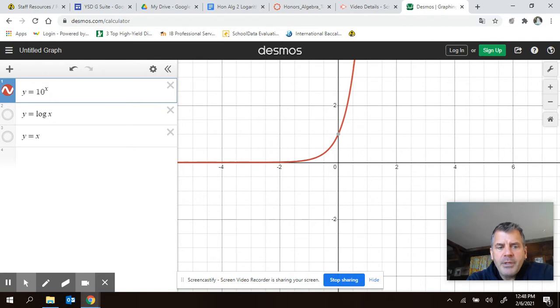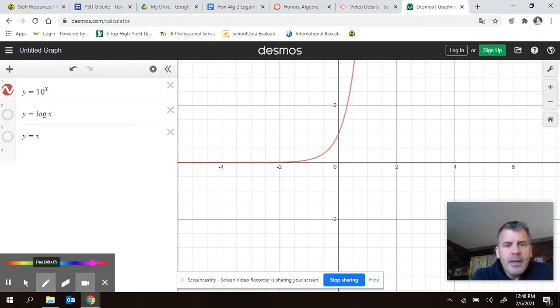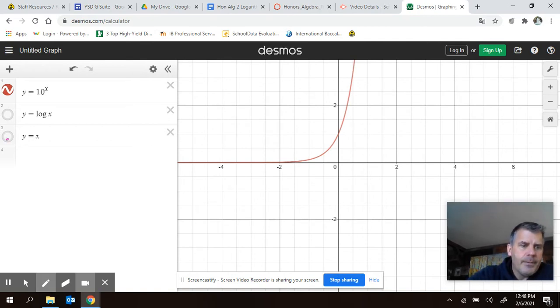Now, I mentioned at the very beginning, in the first part of the videos, that these two are inverses of one another. You've been a math student long enough to know that if you want to look at a function's inverse on a graph, you reflect it across the line y equals x. So let's put in the y equals x line here.